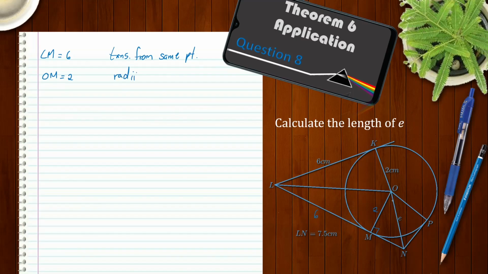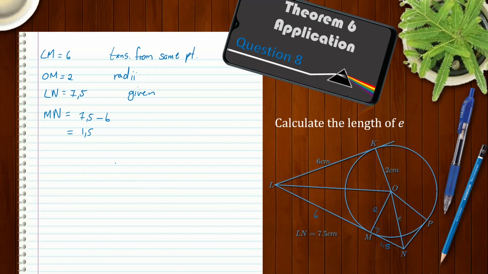Next, I am going to take LN. We can just mention that LN is equal to 7,5 and that it is given. All right. Then we're going to say, okay, but then MN is equal to LN, which is 7,5 minus 6. So this is going to give us 1,5. All right, so this is 1,5.